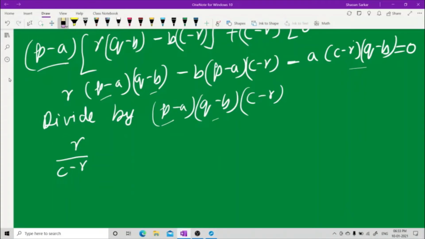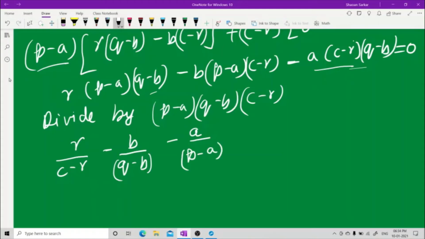Now in the next part we have minus B by Q minus B, because those two parts cancel out. Now in the third part we have minus A, P minus A, right? Now this is equal to 0. Now what I do is multiply with a minus sign throughout.